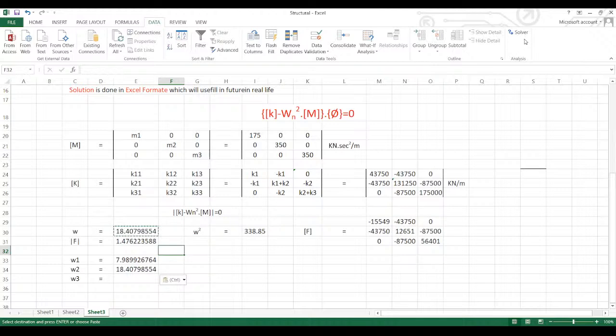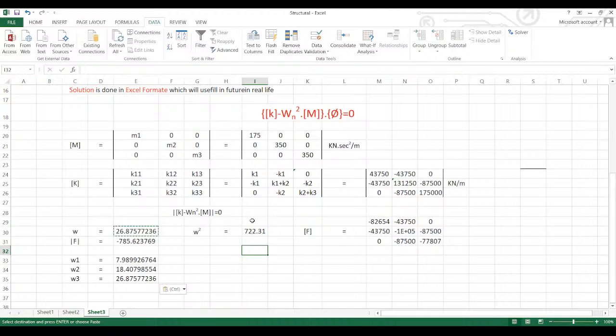And again for the third value, add the cell this is greater or equal to, greater than 18, that means we have to put 21. Okay, and solve, the another value is 26.87, control C, control V. We have got the 3 values of omega, and we have to compute.